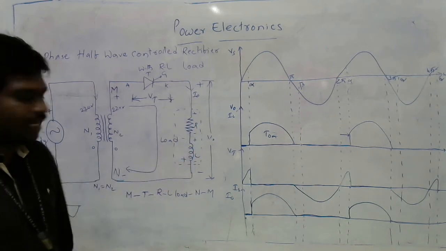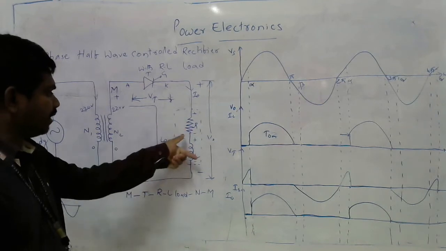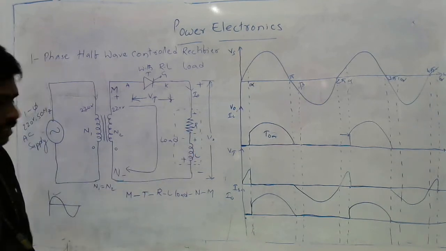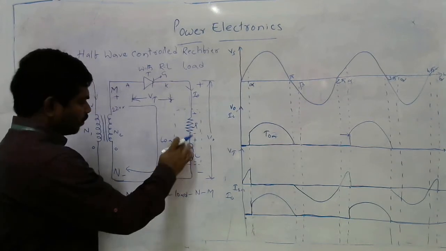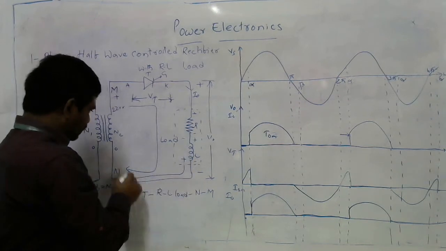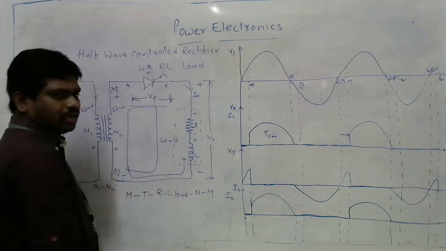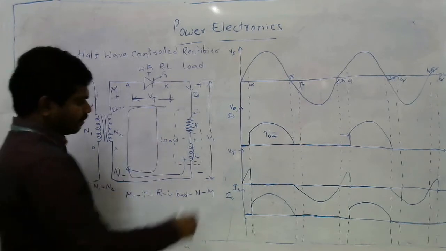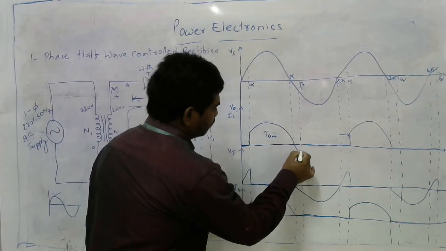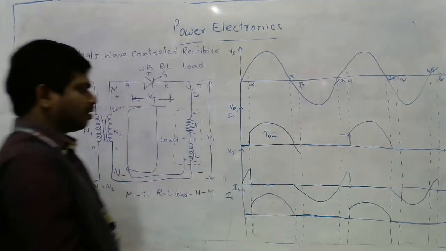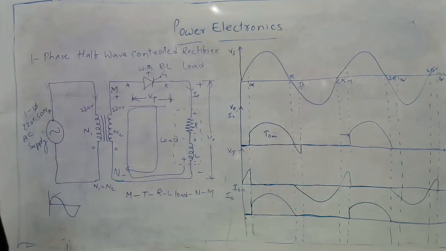When the supply is not available, the polarities of the inductor are immediately interchanged. This becomes positive, this becomes negative, and it delivers the current in the same direction, but the polarities across the load will be reversed.